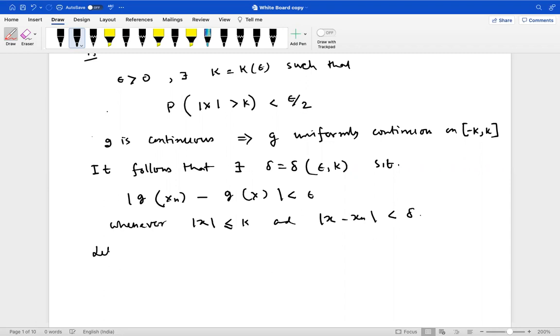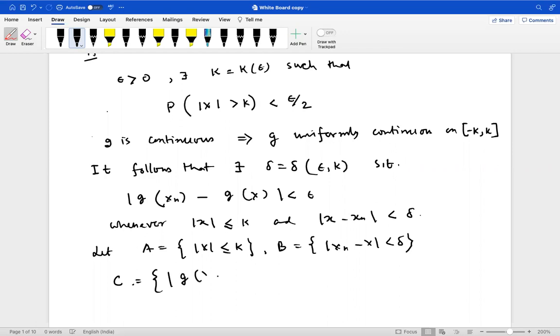Now we consider three different sets. A is the set where modulus of X is less than or equal to k. B is another set where modulus of Xn minus X is less than delta, and C is another set where modulus of g(Xn) minus g(X) is less than epsilon.